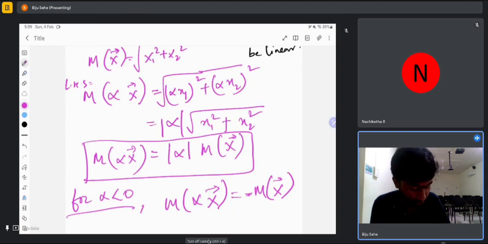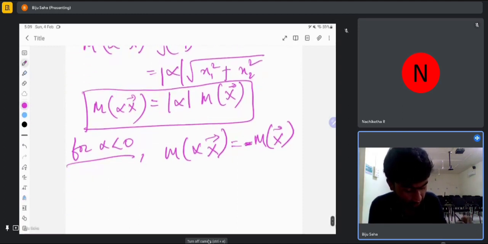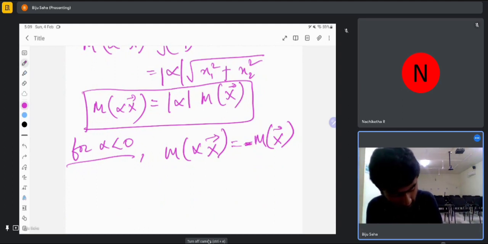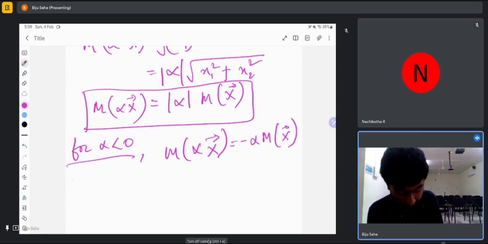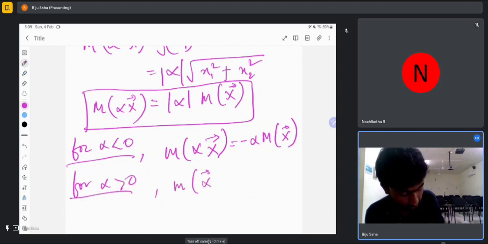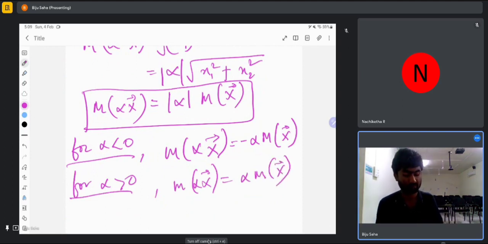For alpha less than 0, it has an additional minus sign, minus of alpha. For alpha greater than 0, yeah.